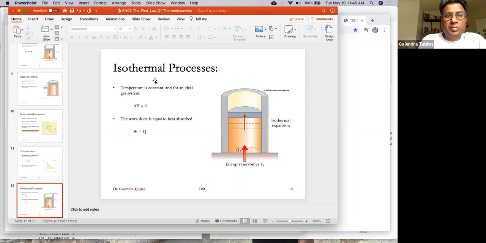For an isothermal process, for an ideal gas, all the internal energy is kinetic energy.